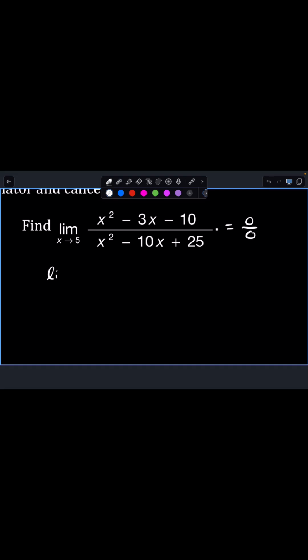So the limit as x approaches 5, the factors in the numerator are x minus 5 and x plus 2. Perfect. And the denominator? x minus 5 and x minus 5.